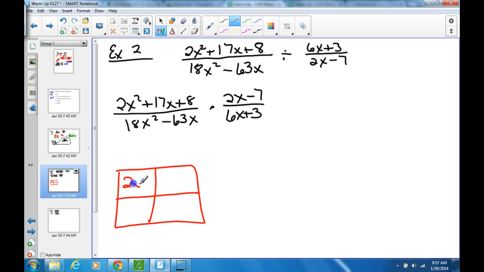I have 2x squared here and then an 8. So I need to multiply my diagonal together. 16x squared. So what are my factors of 16x squared that would add up to be 17x? 16 and 1. Good. Okay. So I'll put those into the box. What can I factor out of the top row?